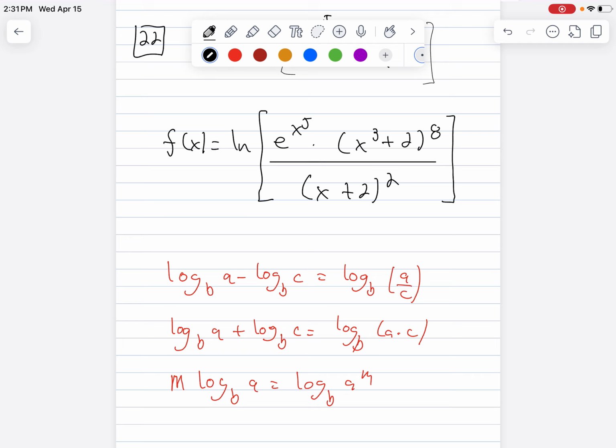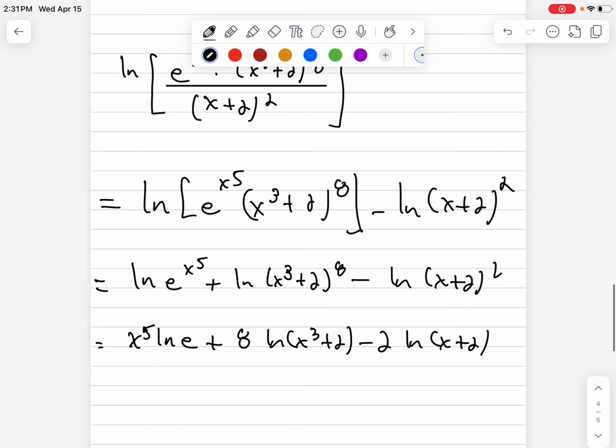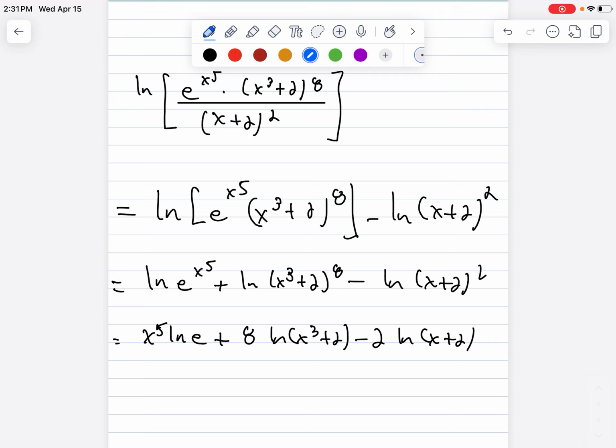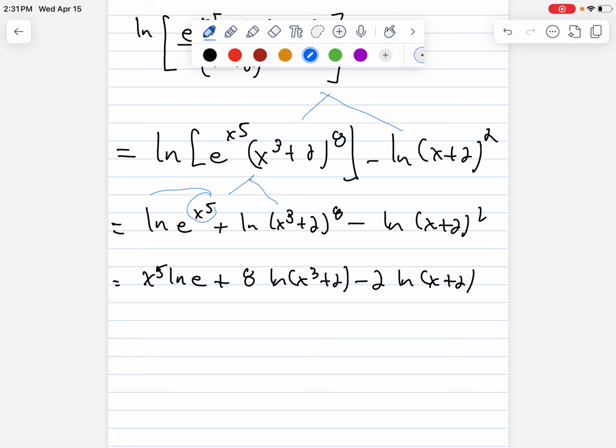So first of all, I'm going to write the natural log of that quotient as a difference. Okay, let's go down here. So that is what you see here. I wrote this out as a difference. And then I'm going to use the product rule next to write this out as the sum of two logs. And the next thing I'm going to do is use the power rule. The x to the 5th would come down in front.